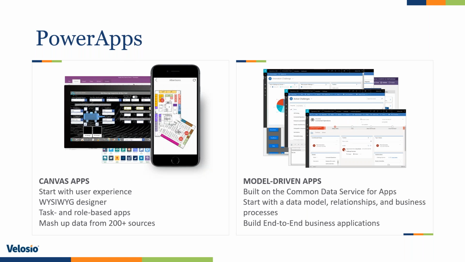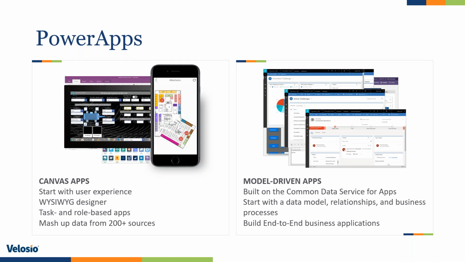When we talked about that data store, these are built off of that Common Data Service database. In contrast to the Canvas apps that connect to hundreds of data sources, the model-driven apps are really focused on connecting to that one data source, the Common Data Service. There are ways to pull in data from other places, but it's not the same experience.